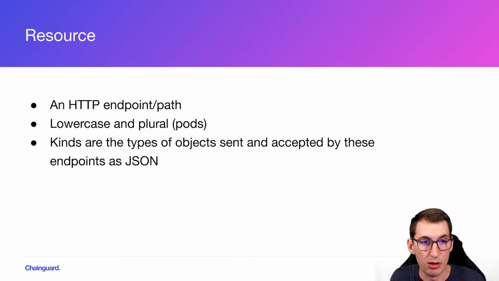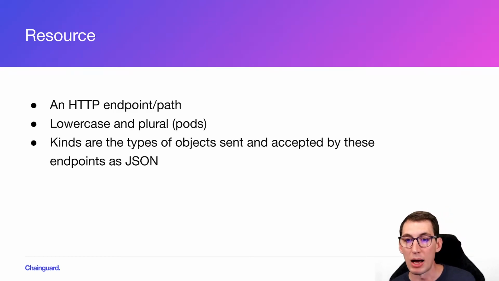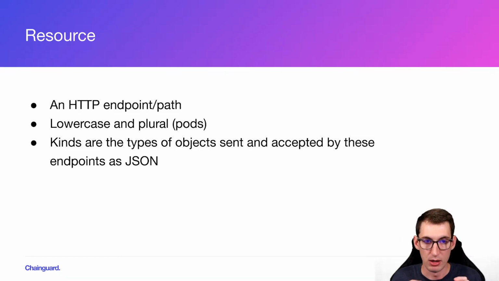A resource is what Kubernetes refers to as an endpoint, basically, right? It is an endpoint path in the API. A resource is a lowercase and plural word, so it's pods with the plural. And the kinds are the types of objects sent and accepted by these endpoints as JSON, right? So the resource will accept the schema of type pod, whatever, as a serialized Go struct and return the similar thing as JSON.